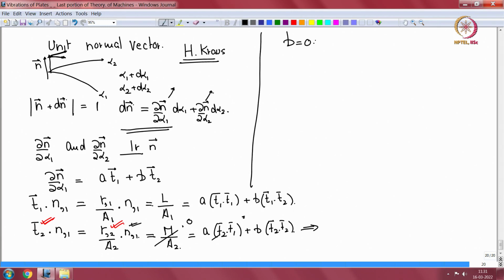So that means what now? My original n comma 1 with B 0 is A times T1, which is equal to L by A1 T1.